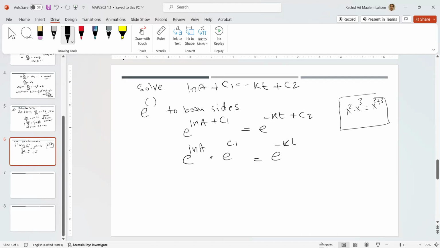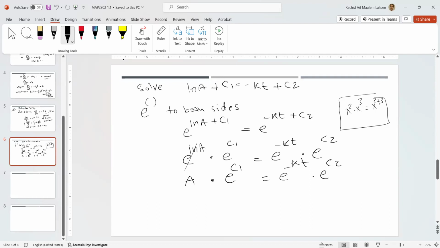So we'll do the same thing here. These are kind of inverses of each other, so you'll get 1, which is here, times a, and e to c1, we can still leave it there, it's a constant. And this remains as e to negative kt, and e to c2 is just another constant.